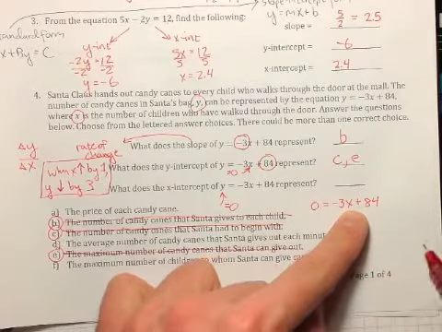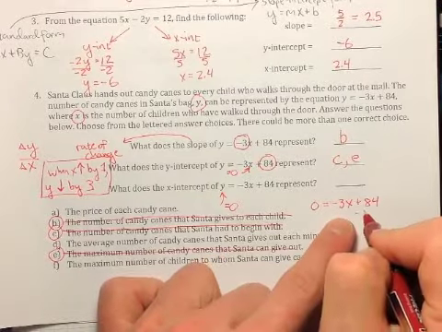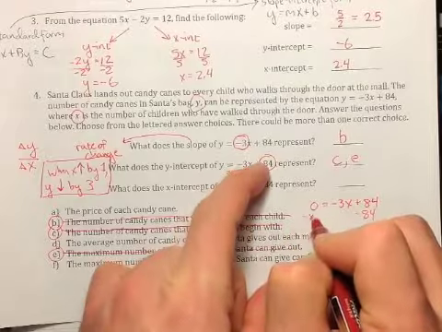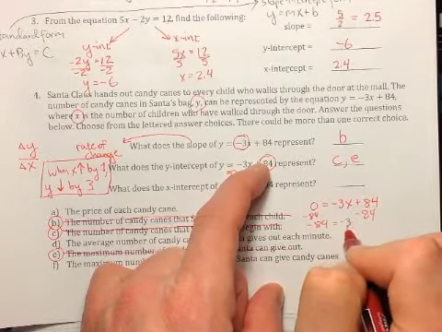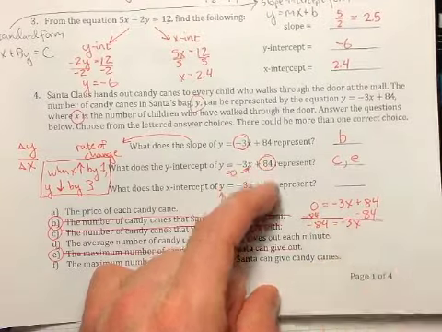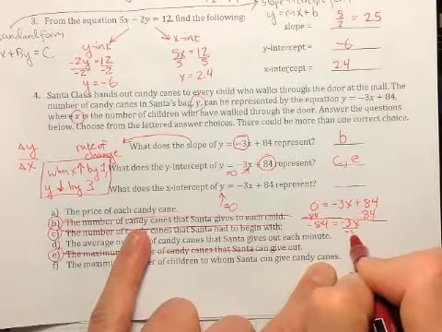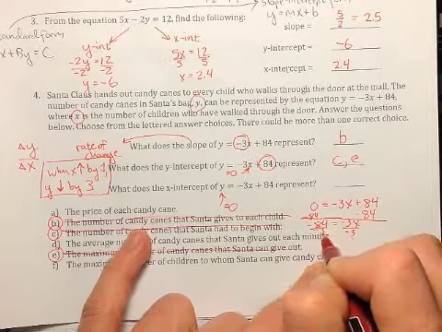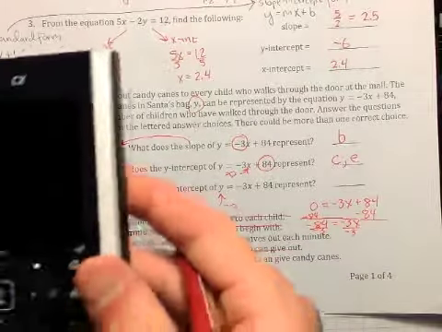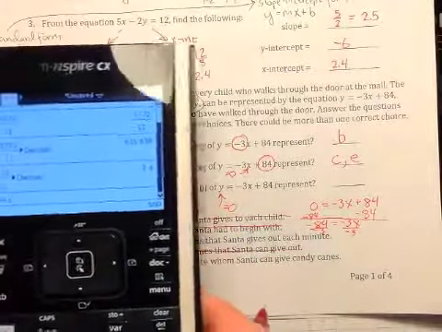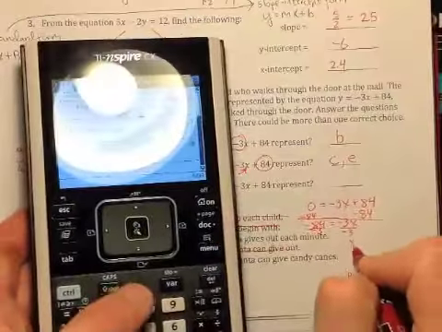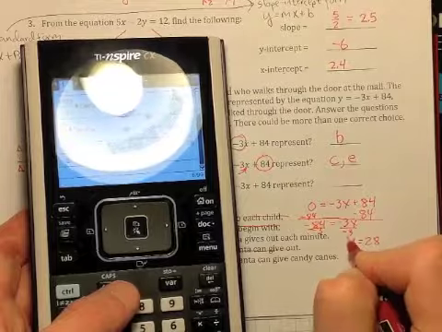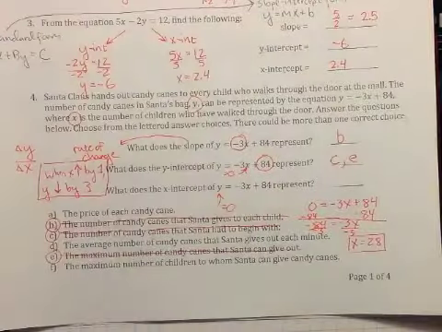So in order to find that number, let's solve it. We're going to subtract 84 from both sides. So negative 84 is equal to negative 3x. And now here we're going to divide both sides by negative 3. So negative 84 divided by negative 3 is 28. X is 28.